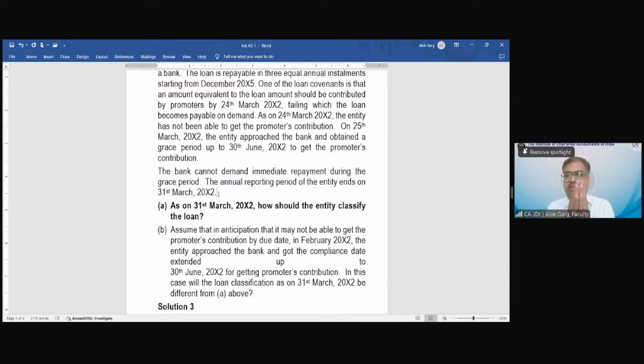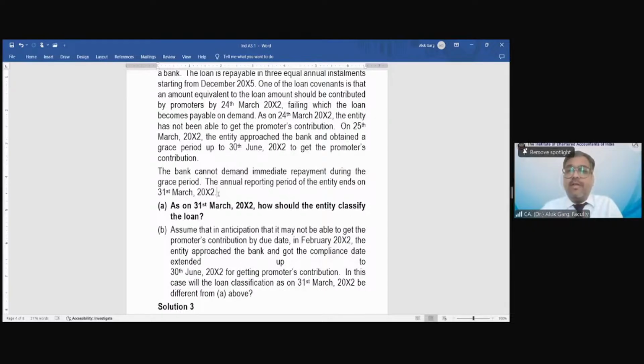So just think about the series of events. In December 20x1, the company has taken a loan. Simple. This loan was non-current. Why? Because the first installment was to be paid after 4 years. Okay. When this loan was taken, there was a condition attached to the loan. There was a covenant attached to the loan.